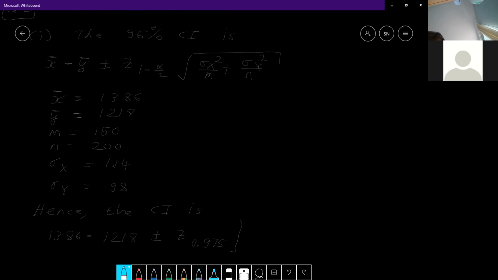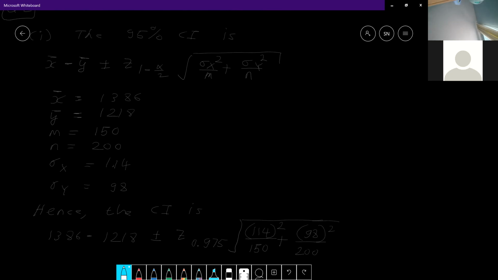In square root, sigma x squared is going to be 114 squared divided by m, which is 150, plus 98 squared divided by n, which is 200.